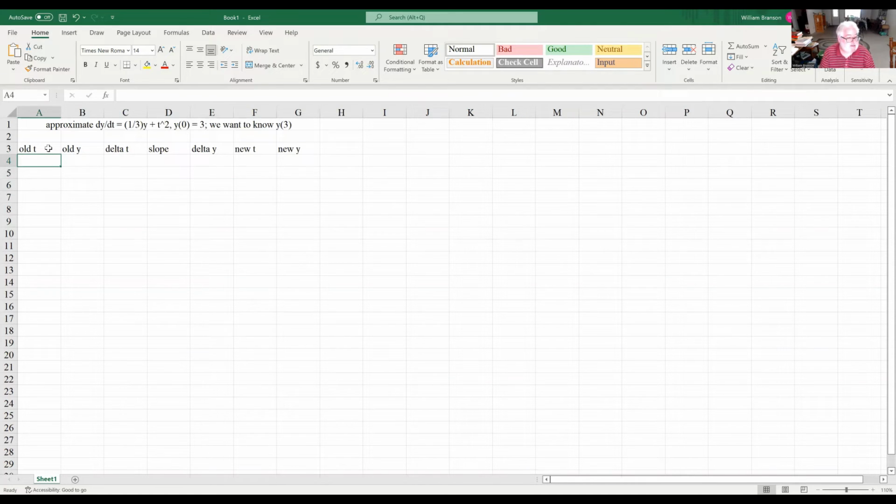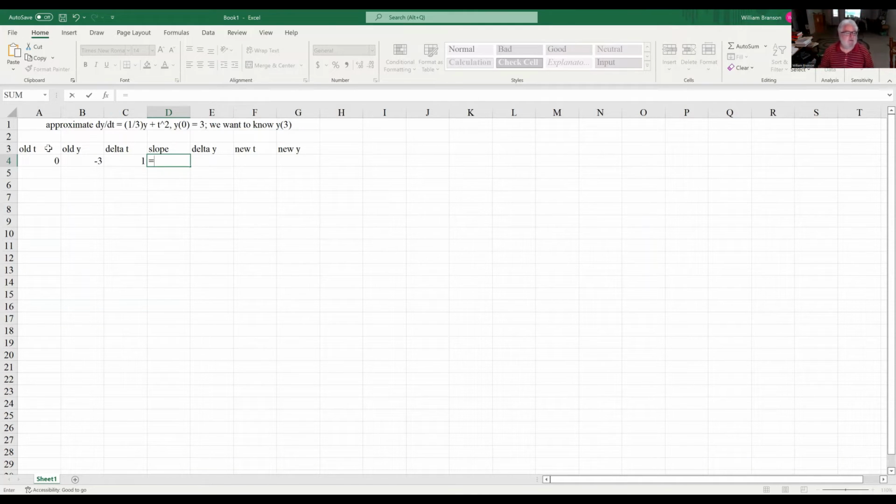So we started at 0, minus 3. Delta t we're going to take to be 1. Slope is equal to, so whenever you want to calculate something, you have to tell Excel that you're going to calculate it, so you have to use an equal sign. Once you have the equal sign, it knows you're trying to do something, you can enter things. So we want 1/3. Oops. Excel really likes parentheses.